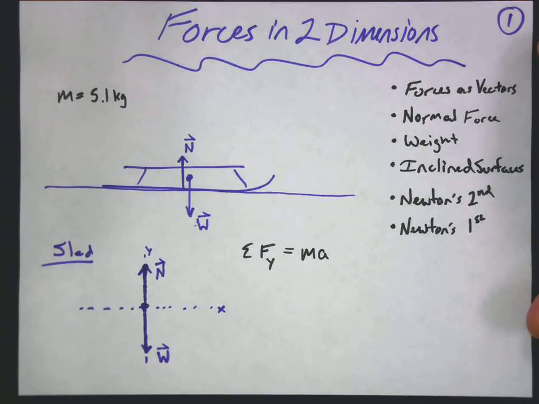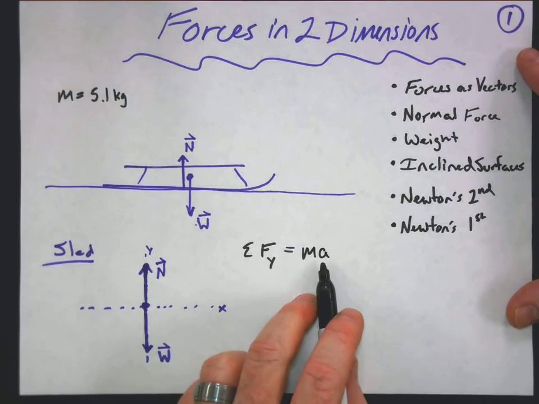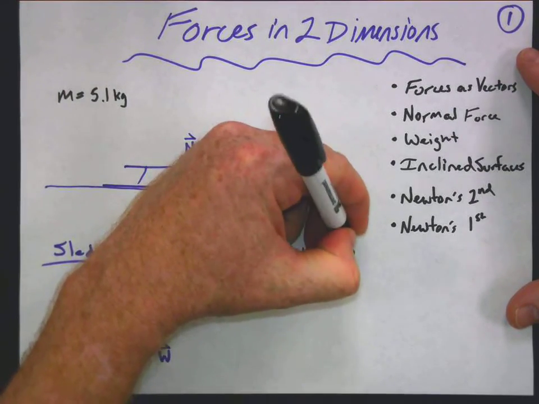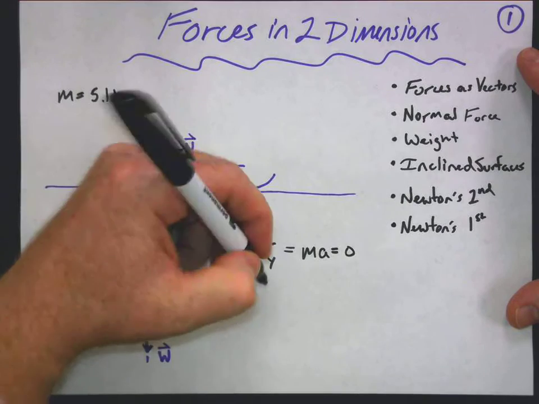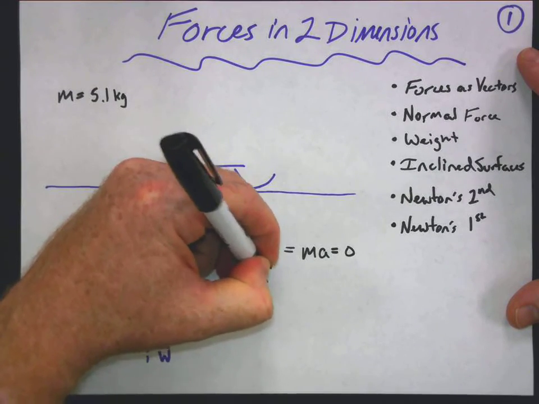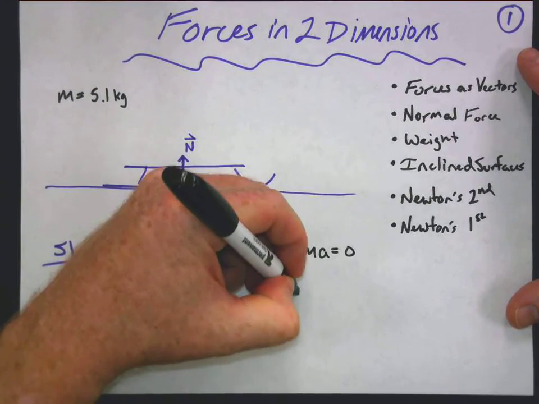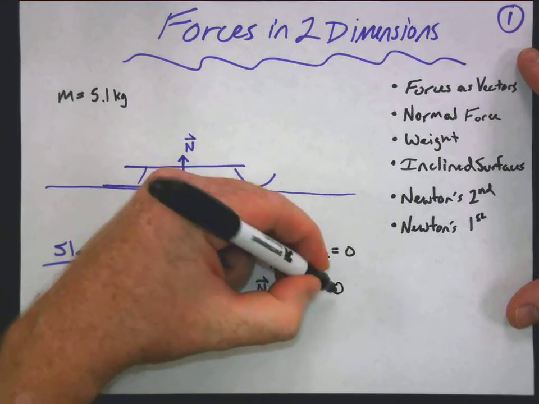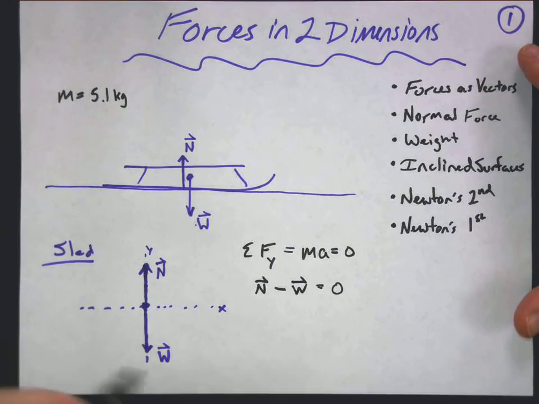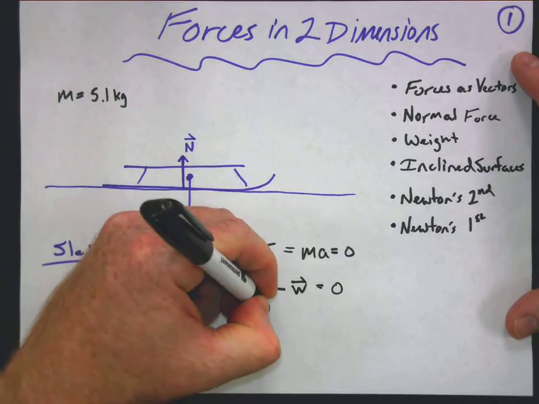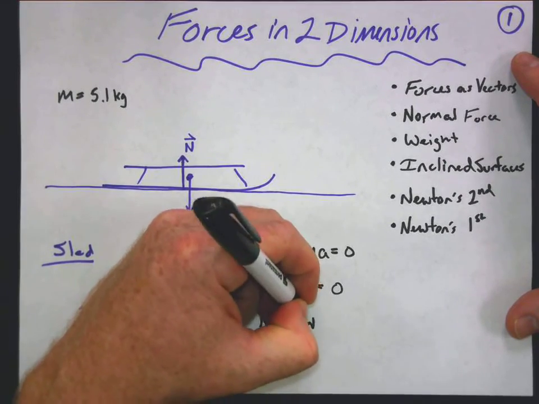Well, that would be mass times acceleration. I observe zero acceleration, so I observe zero net force. But those forces are my normal force in the positive direction and my weight in the negative direction, and that sums to 0. Okay, that tells me normal force equals weight.